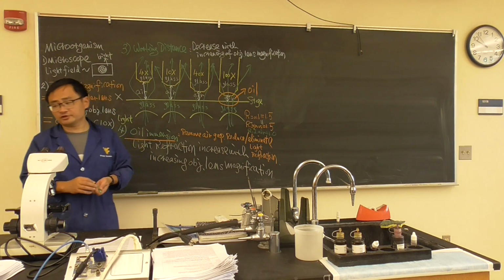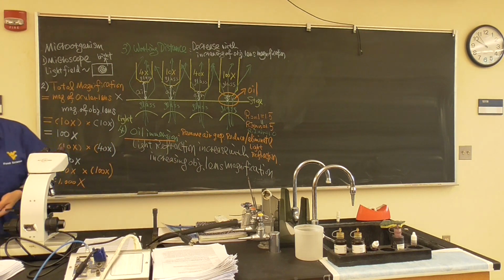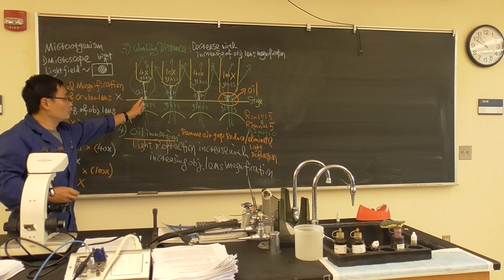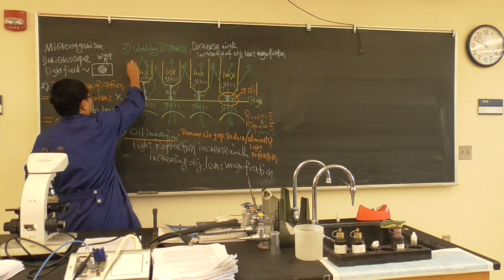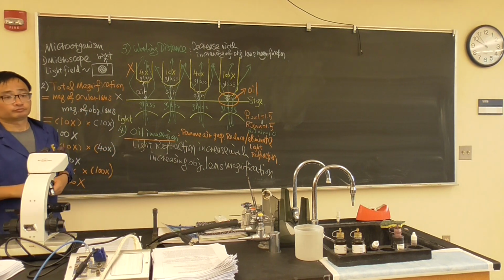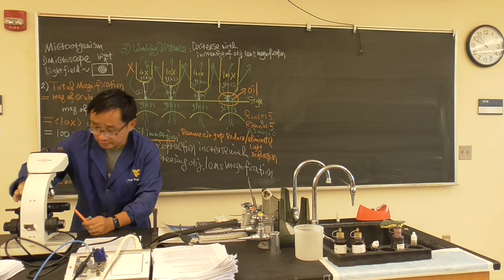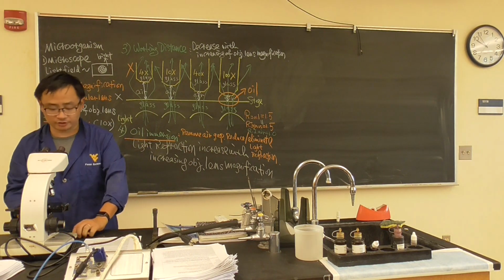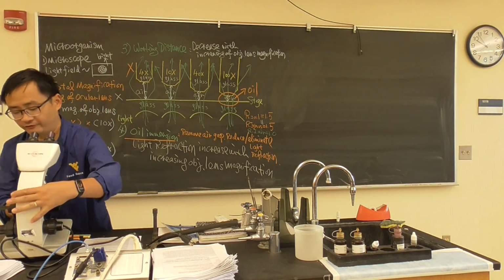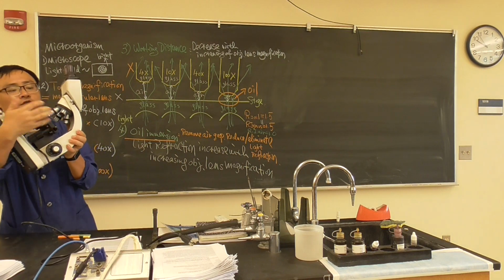Now, since this is the first class, we want to make sure everybody understands and we are at the same page. We're not going to use 4x the whole semester. I see lots of people go there using this red one to find it. You will see right here, very small, this red one.